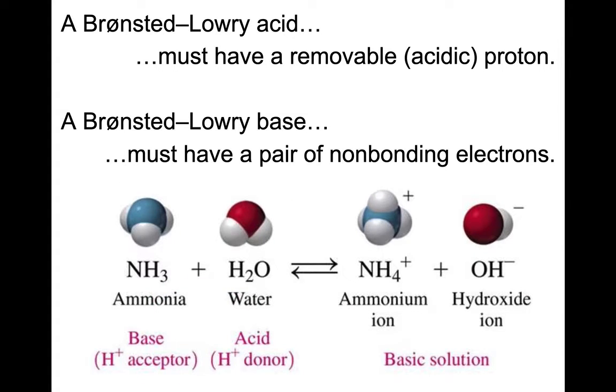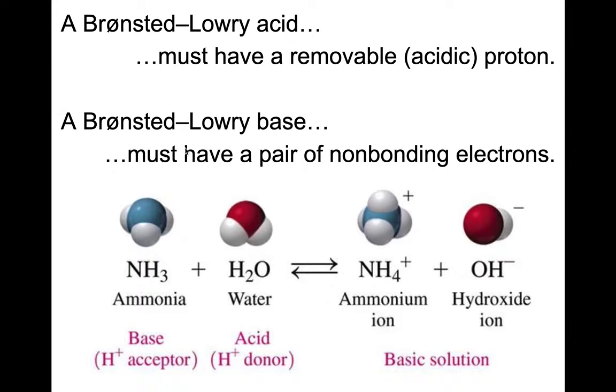Here's one more example using this definition. I want to show you the case of ammonia again, because as we saw in the last lesson, ammonia is a special type of base. And now it's easier to see why ammonia gets the definition of base.